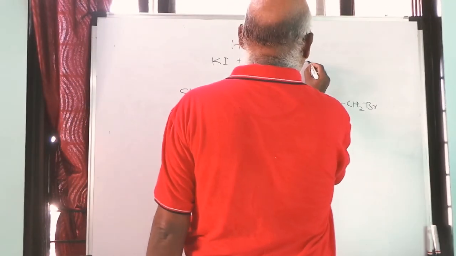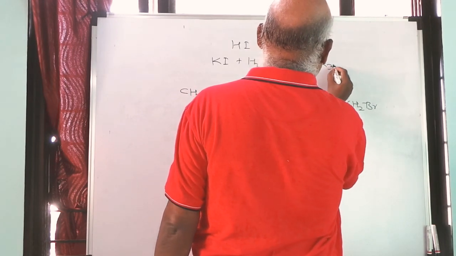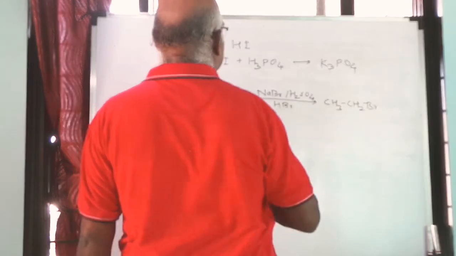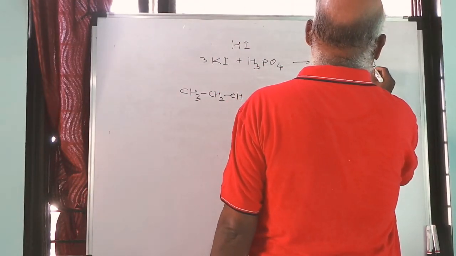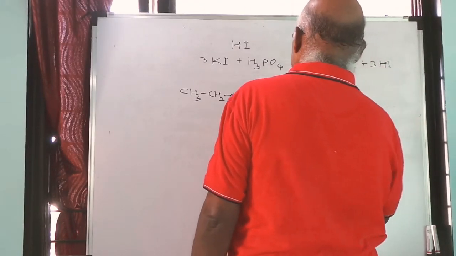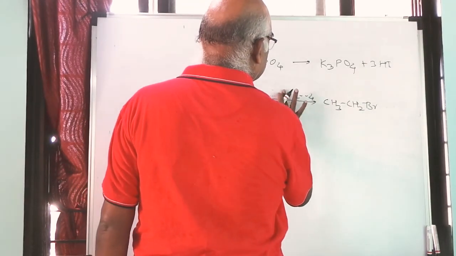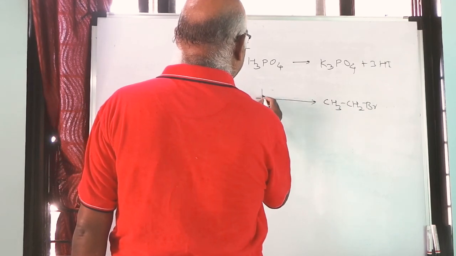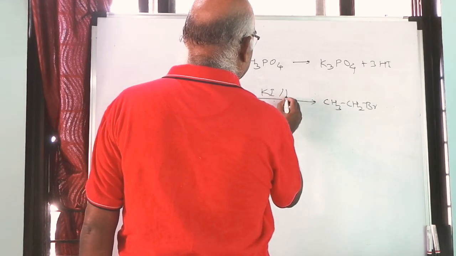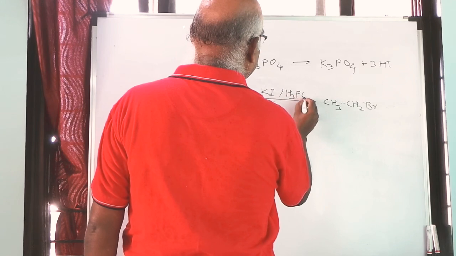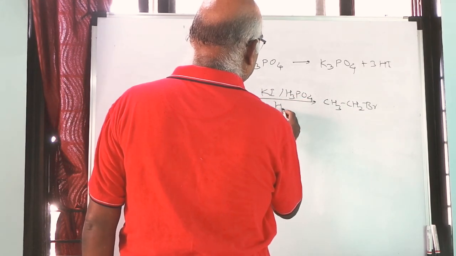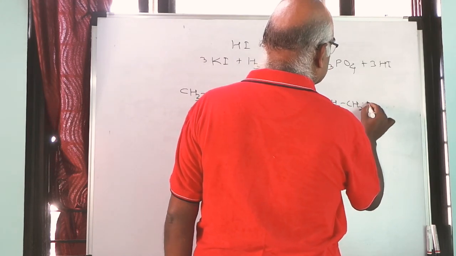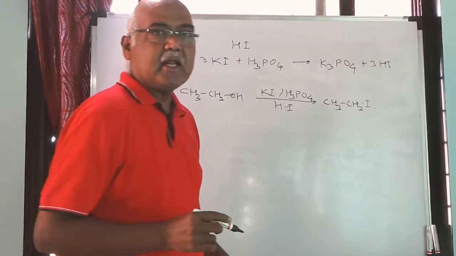You get K3PO4, you have to take 3 times, plus thrice HI. And this HI you can take over here, and you will get CH3CH2I, that is ethyl iodide.